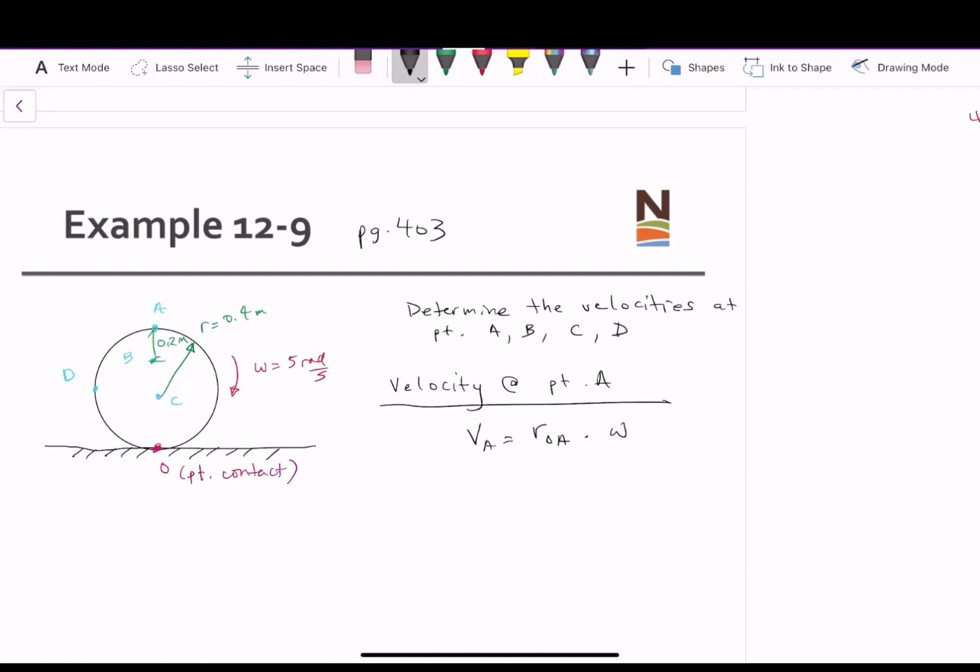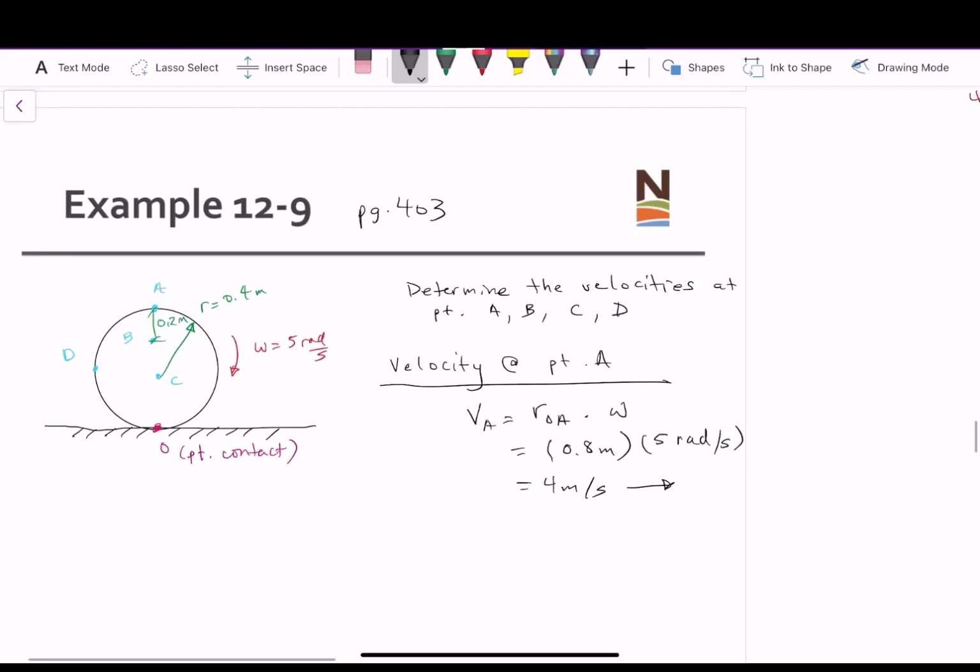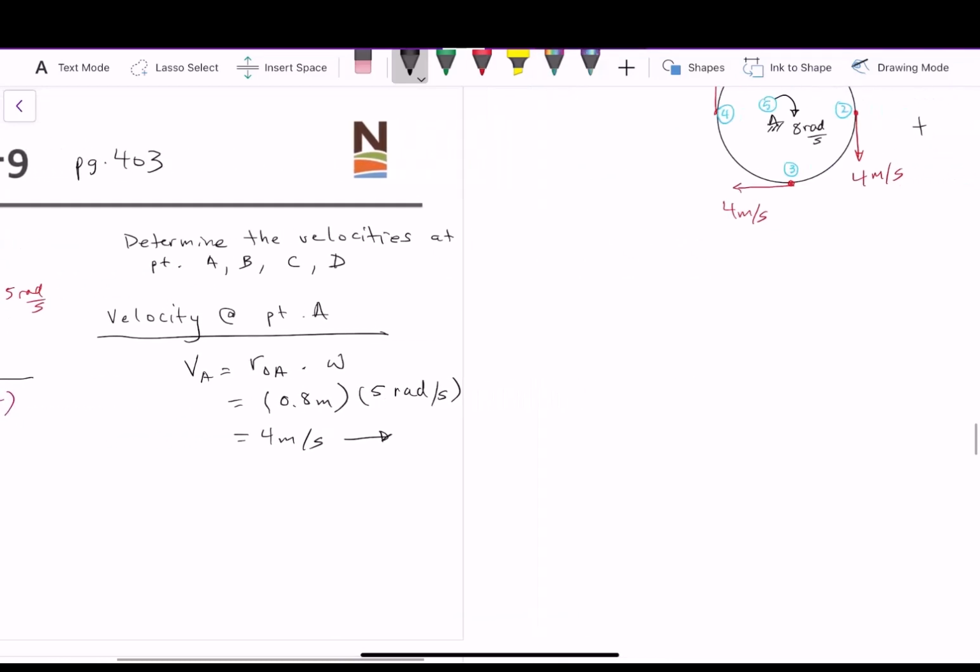The radius from O to A is 0.8 meters, times 5 rad/s, which gives us 4 meters per second, directly to the right since point A is directly straight up from point O. Okay, so that is the velocity at point A.